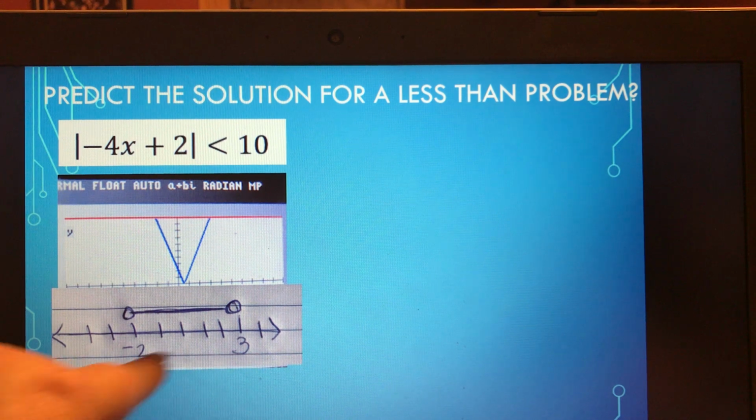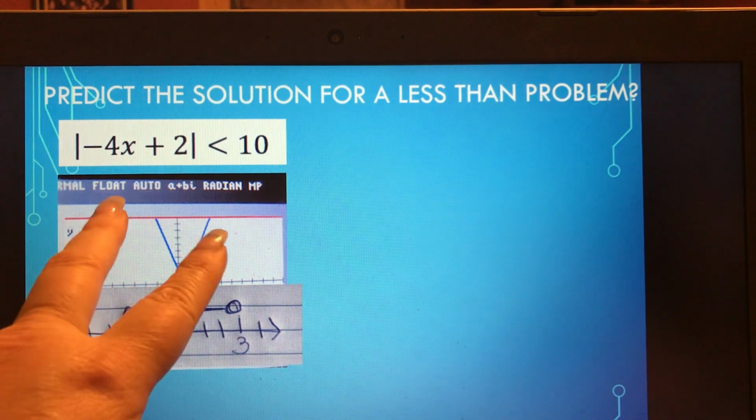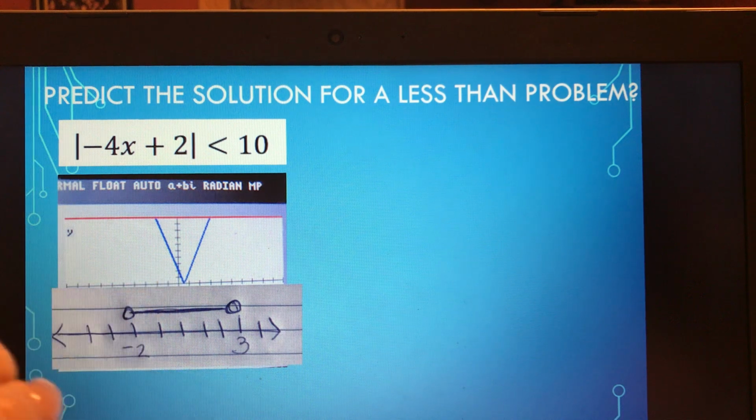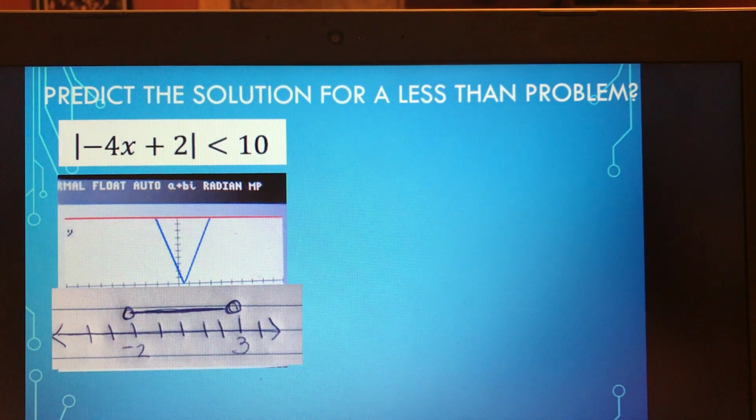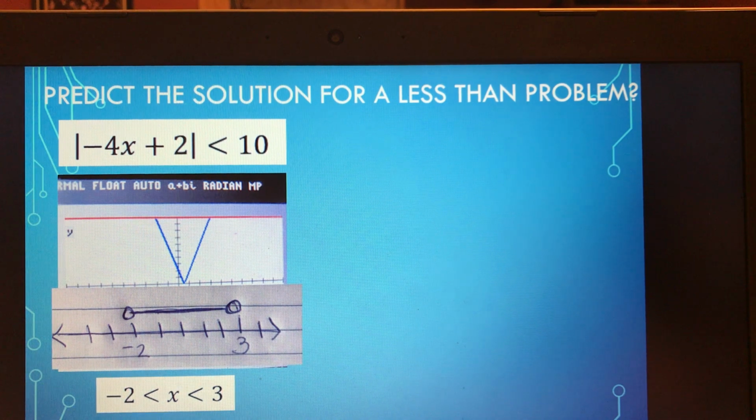Our values are still -2 and 3, but we want what's between, what's less than, and there's not a break there. In interval notation, that would be -2 to 3. In inequality notation, x is between -2 and 3. Notice there are no lines underneath here to indicate equal, and we also have parentheses because of our open circles.